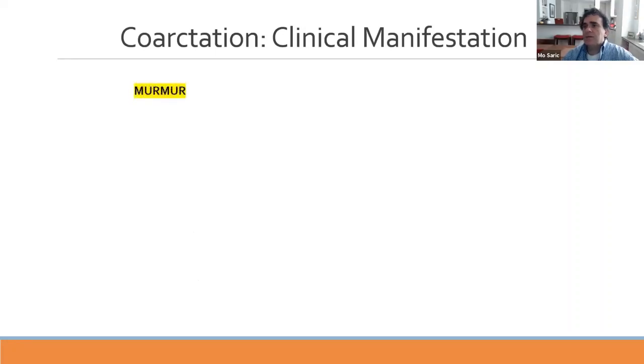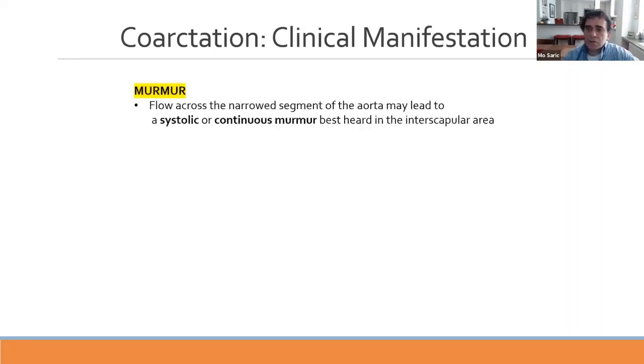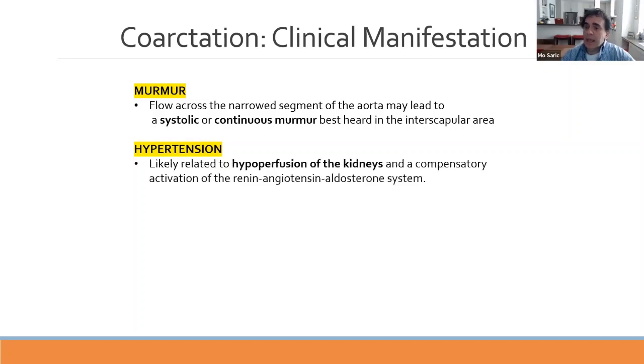And so what are the clinical manifestations of coarctation? It's usually detected by auscultation, and the flow across the narrowing segment of the aorta may lead to a systolic or continuous murmur, best heard in the interscapular area. Also, coarctation is sometimes detected first during evaluation for hypertension, and this hypertension is characterized by elevated blood pressure in upper extremities and a relative hypotension in the lower extremities.